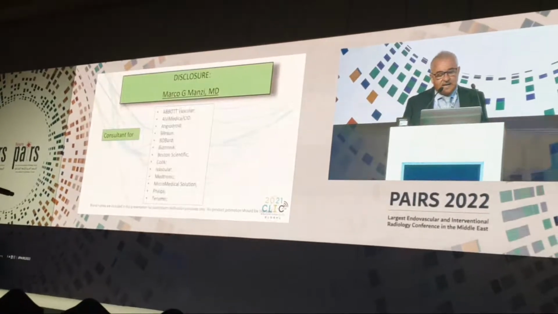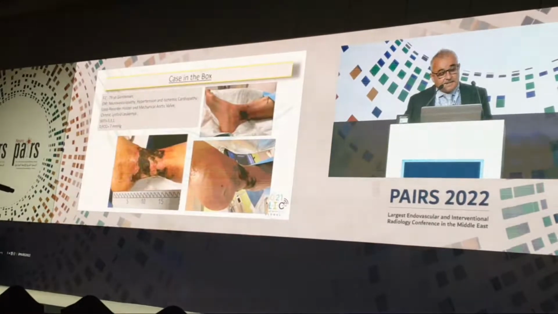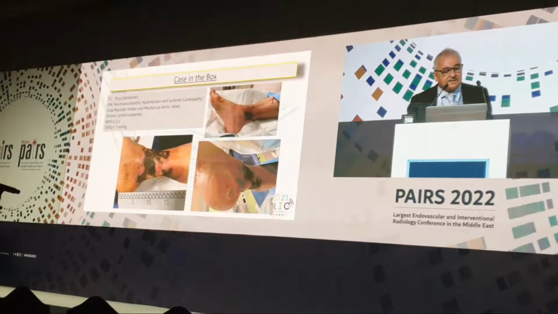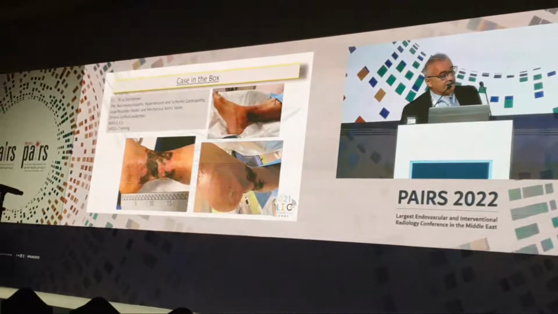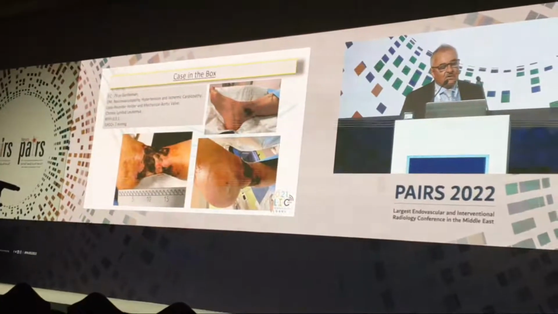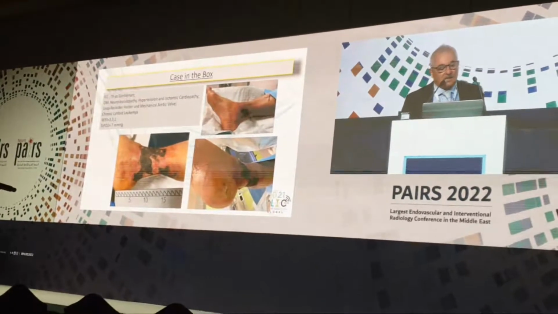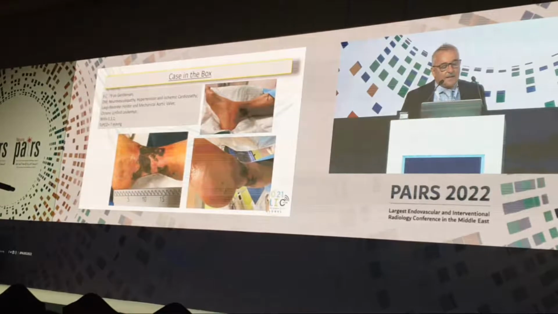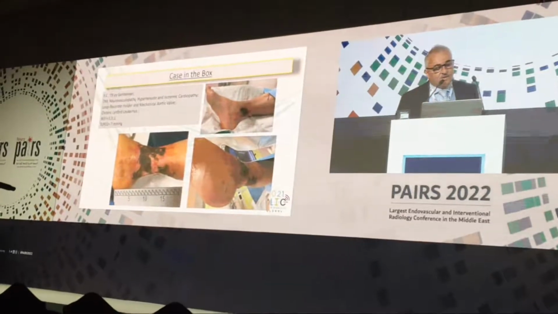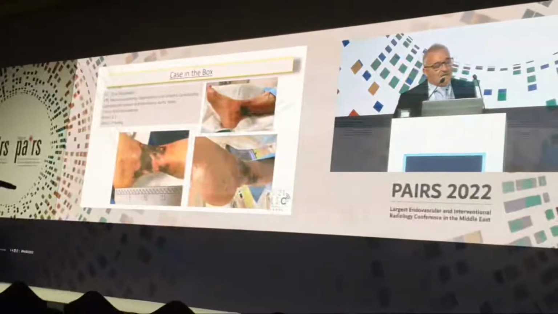So this is my disclosure, and this is the case. A 79-year-old gentleman, of course with diabetes, neurovasculopathy, hypertension, and ischemic cardiopathy. A loop recorder holder and a mechanical aortic valve.